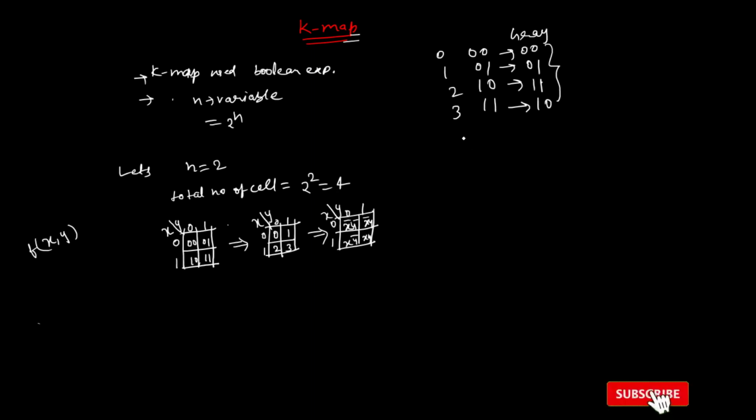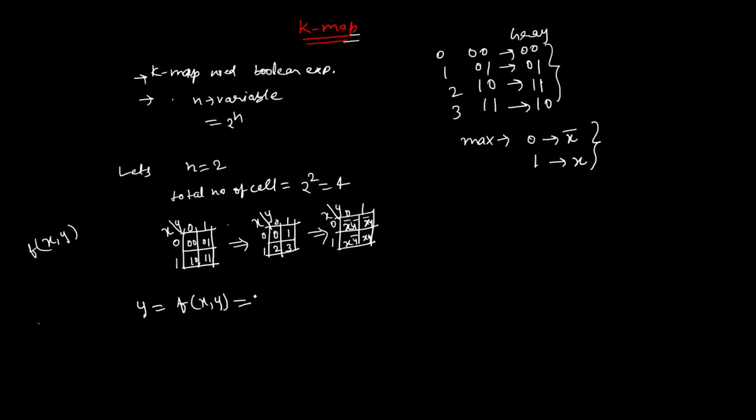So basically in the min term, 0 is represented as a complement, x complement, and 1 is written as x itself. So let's see one example. Suppose y is given, which is a function of x and y, that is of 2 variables, and which you can write as a sum of minterms 1, 2 and 3.